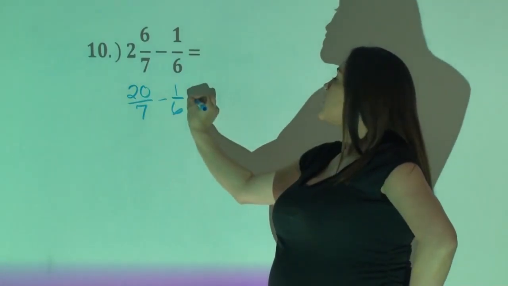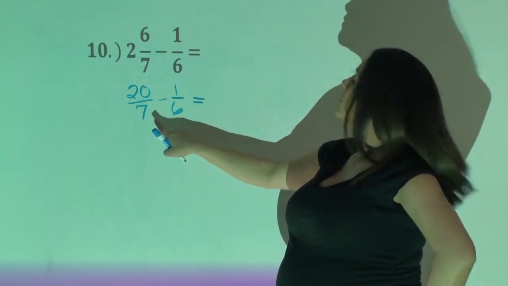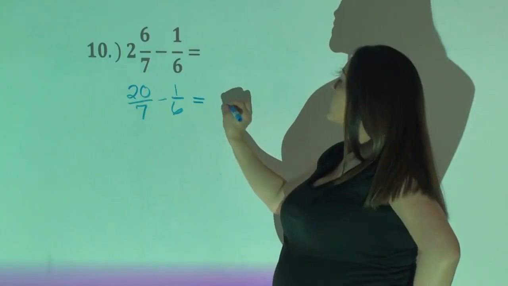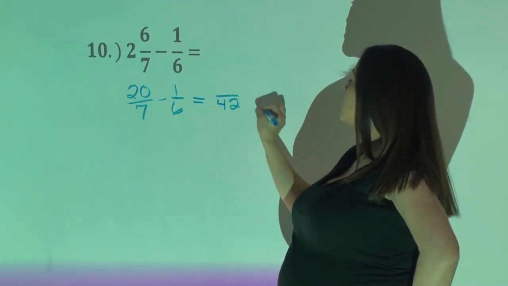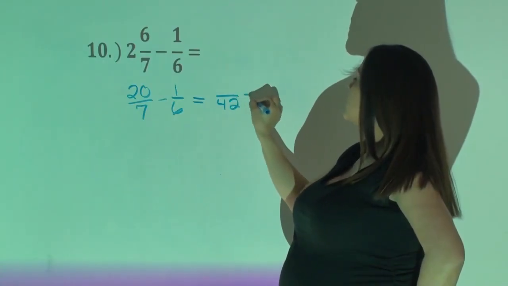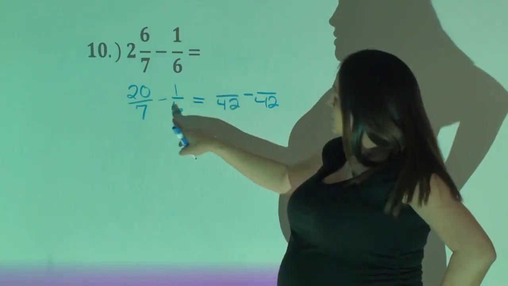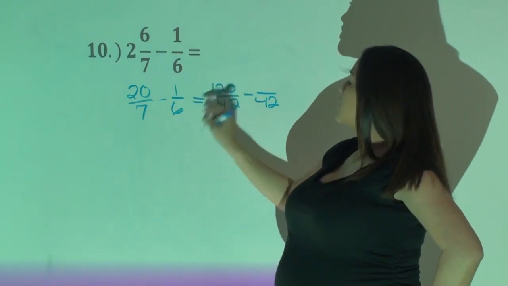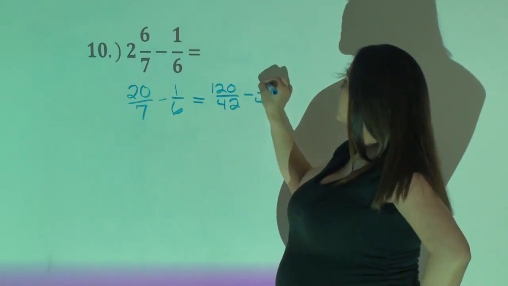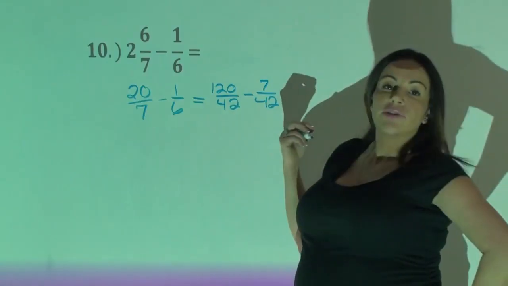So this is going to equal, for a common denominator, we're going to take 6 times 7, okay? 6 times 7 is 42. All right. So 42 is going to be in our denominator. We'll have 20 times 6 is 120. And 7 times 1 is 7. All right, so we've got 120 over 42 minus 7 over 42.